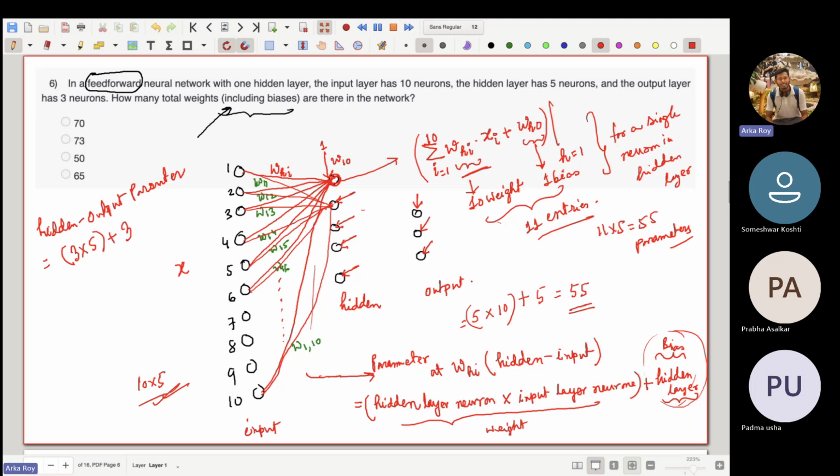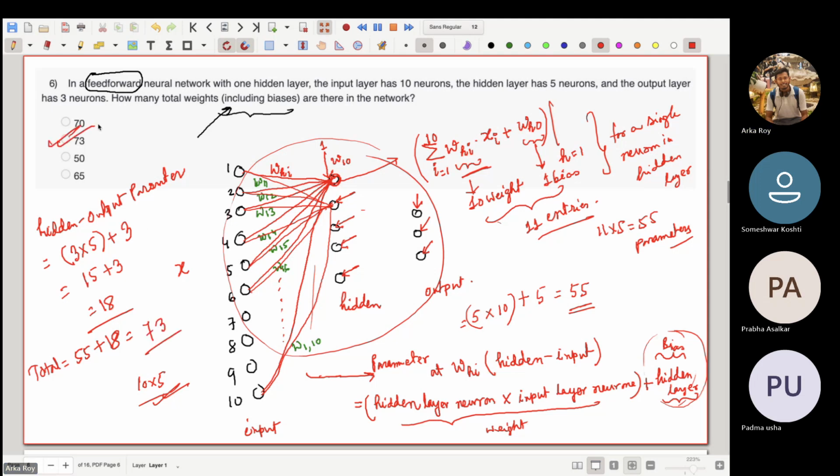So therefore, a total of 3 biases. So that means 15 plus 3 is 18. So the total number of parameters is 55 plus 18. So that is 73. So this is the formula that you have to remember, or you can intuitively answer as well.